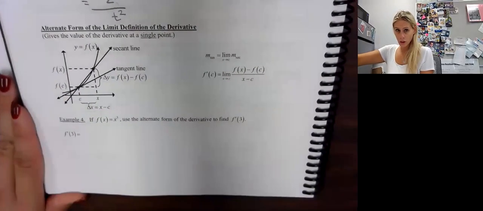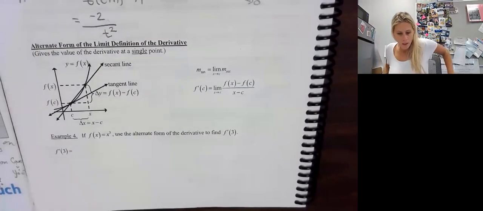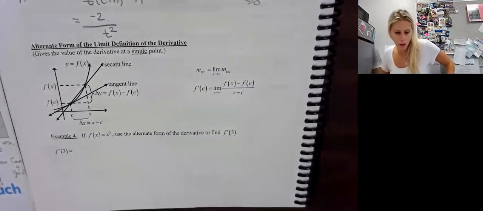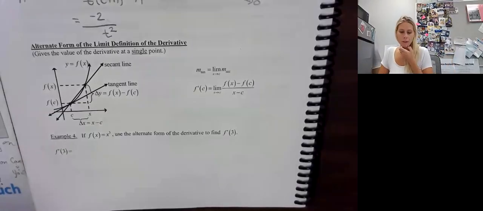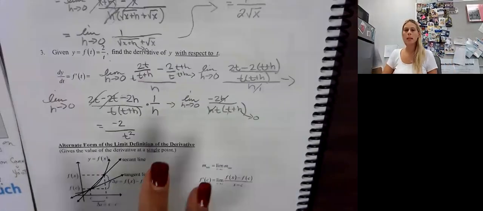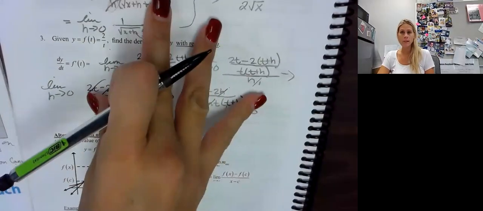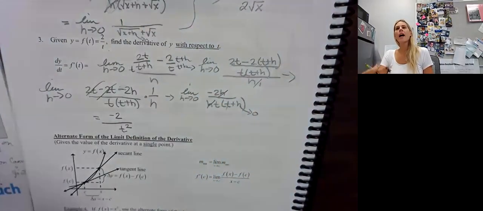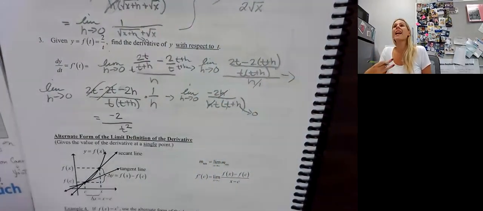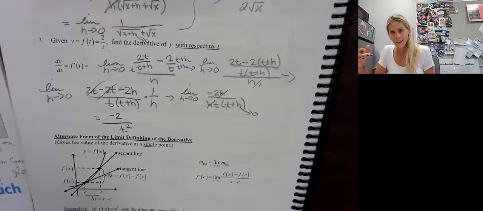All right, alternate form. Now, alternate form gives the value of the derivative at a single point. So up here, when we were finding the derivative, we were finding an equation that we could plug in any point and get the slope of that tangent line.